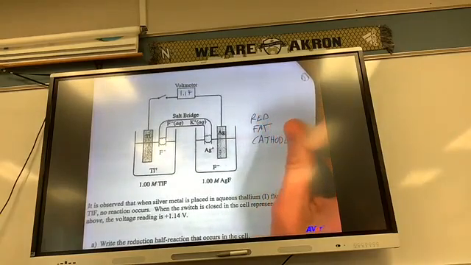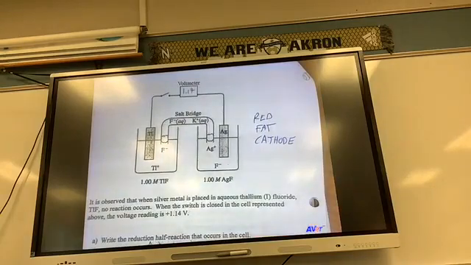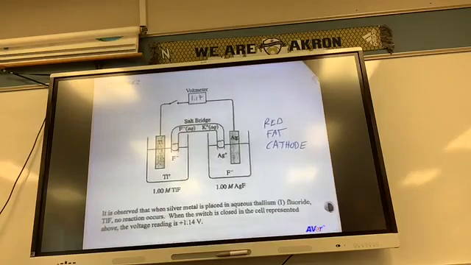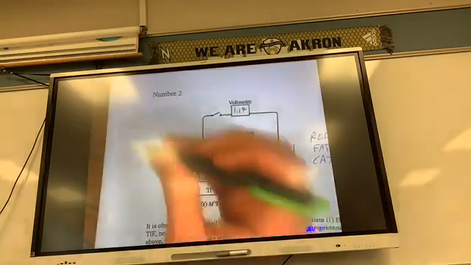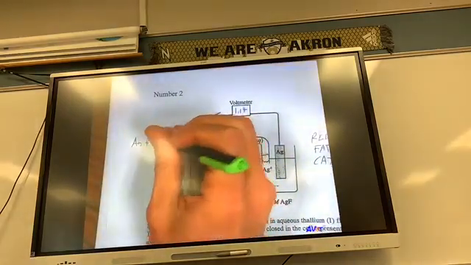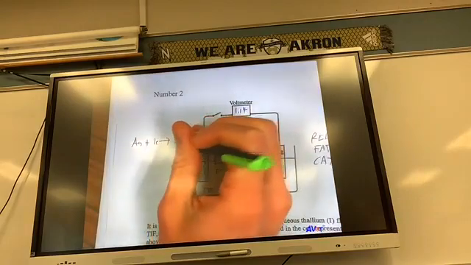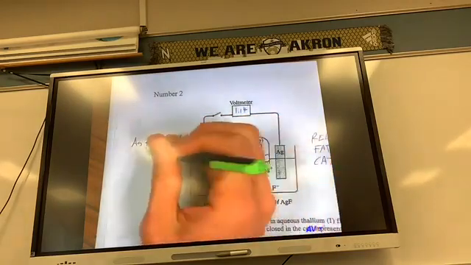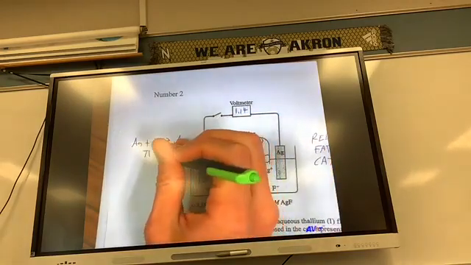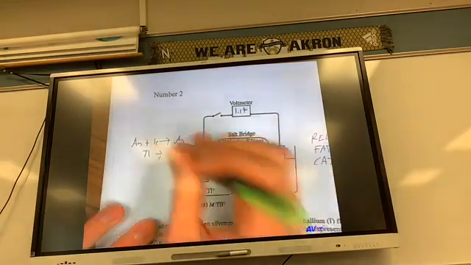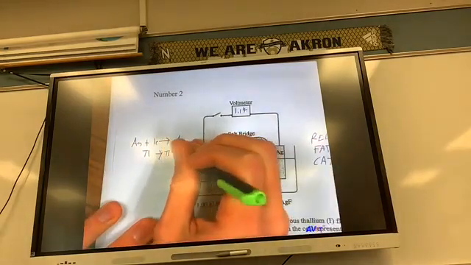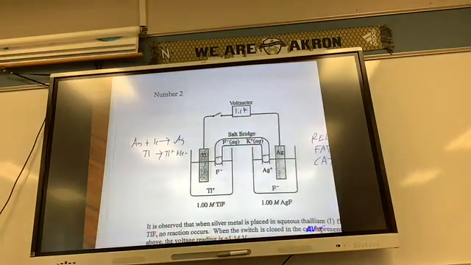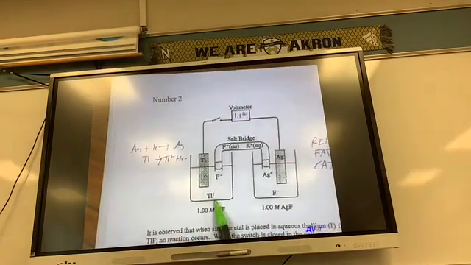Yes. You got it. So, if I'm going to write the equation for the overall reaction that occurs in the cell, I'm going to do it up here. I'm going to have Ag plus 1 electron yields Ag. And then thallium is going to have to do what with an electron? Give it away. So that's going to give me Tl plus 1 electron, because I have Tl plus.